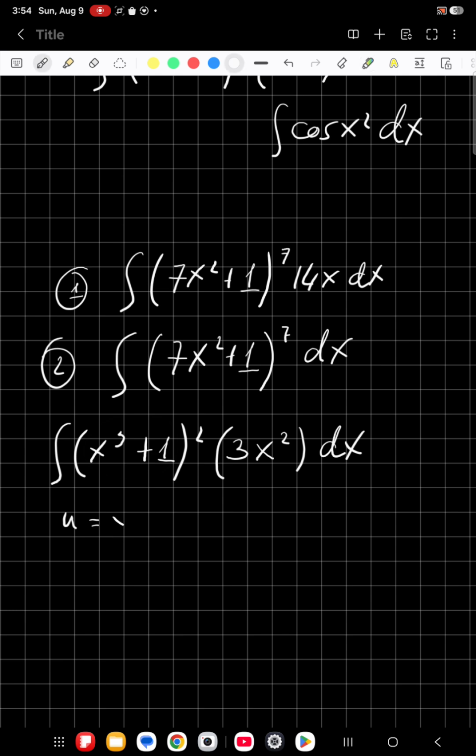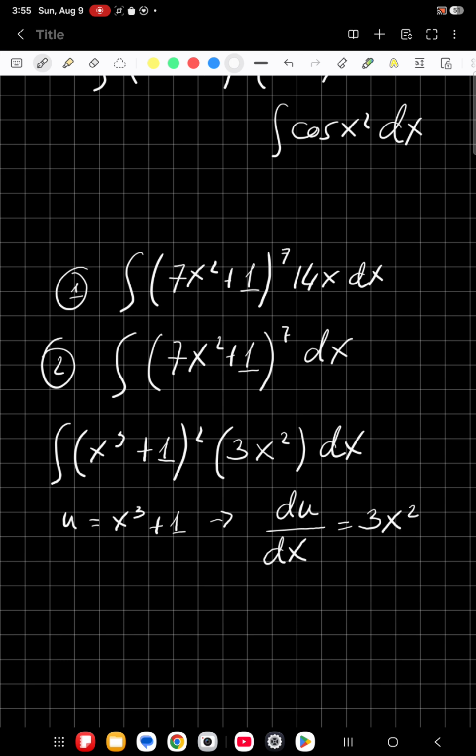So we have u equals x cubed plus 1. If we replace that expression with u, we would have u squared, then this, and dx. I need to replace dx, so let's do that. Taking the derivative of both sides, du is going to be the left side, and the right side is just 3x squared.